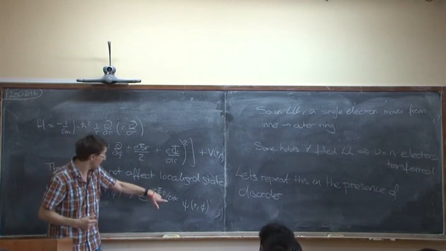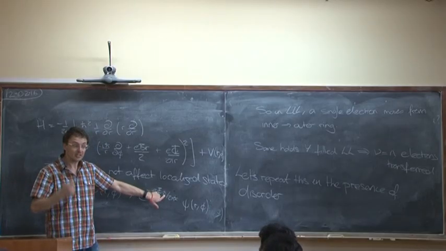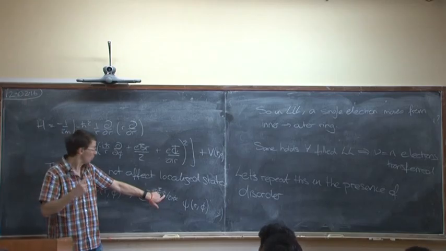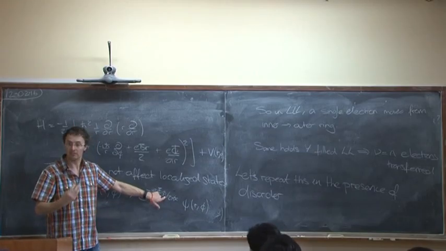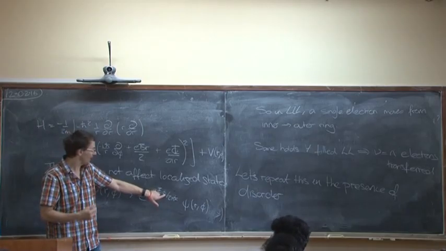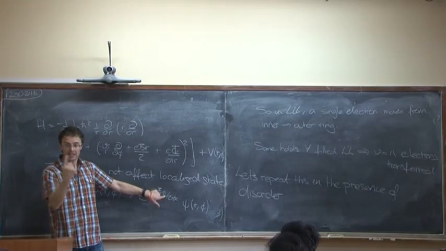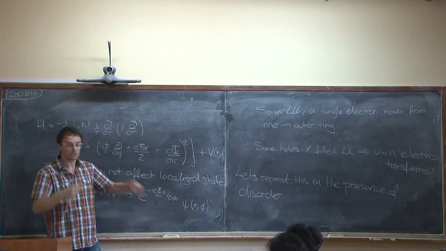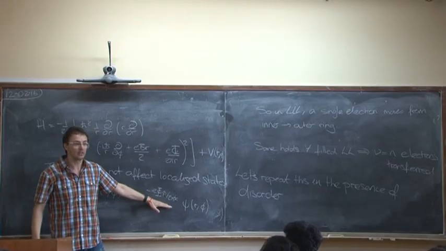Why is it important they're localized? It's because we've got capital phi times little phi, and I'm going to insist on having single valued eigenstates, which means that I only get to do this gauge transformation and retain the single valuedness of the eigenfunction with phi being some intermediate value. If this state had support on all phi, I'd be in trouble because when I came back it would not be single valued. But as long as this state is only localized in some little region and doesn't spread everywhere, this is a perfectly welcome idea.